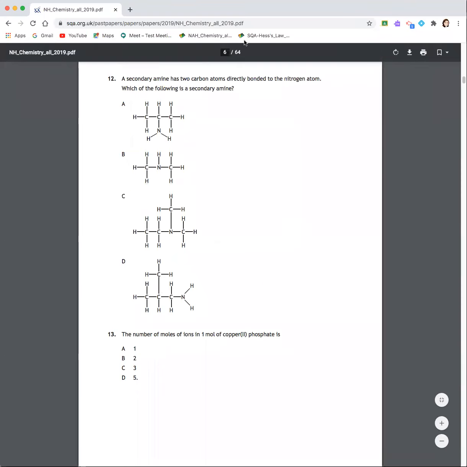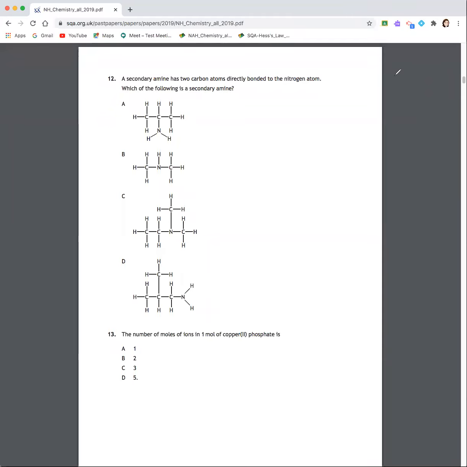So 12. A secondary amine has 2 carbon atoms directly bonded to the nitrogen. So here we're looking for 2 carbons directly bonded to the nitrogen. This nitrogen only has 1 carbon on it, so that would probably be a primary amine. This one, the nitrogen's here, and that's got 2 carbons on it, which is what we're looking for, so B is our answer.